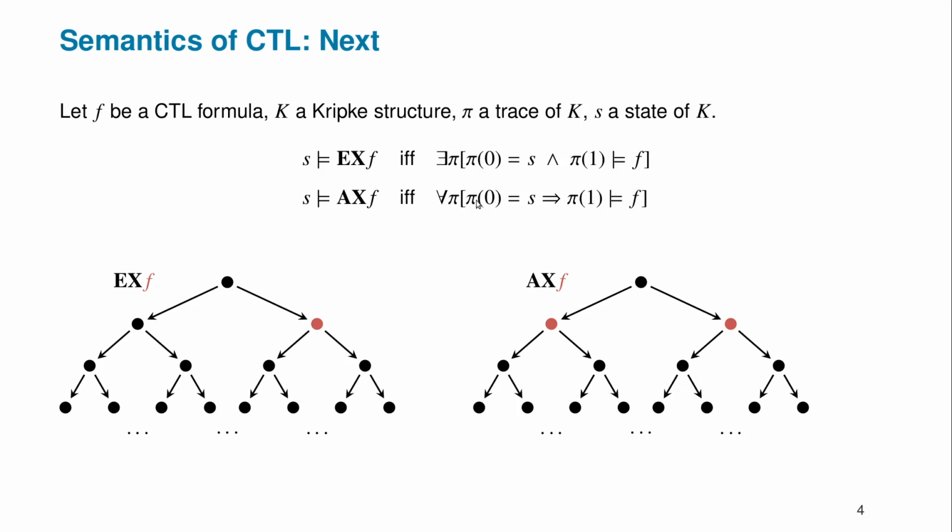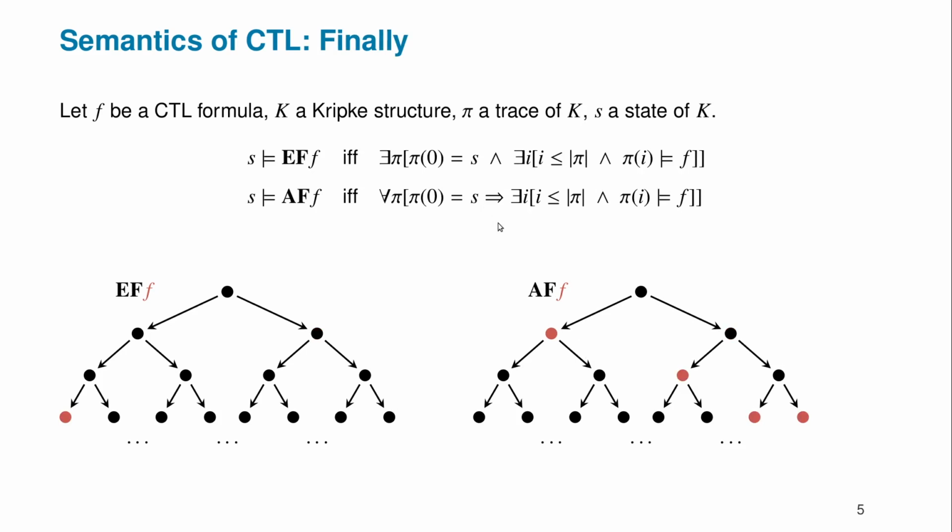Important, here we have an implication, so as soon as we have a path starting with state S, then this condition on the right hand side has to hold. And in the picture here, this means AX F holds if F holds in the two states which are having these red circles.